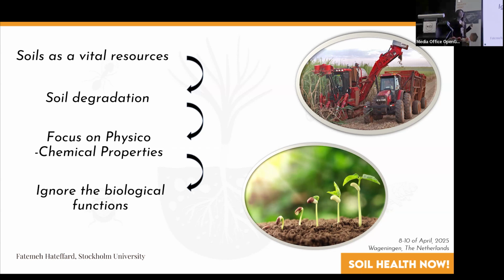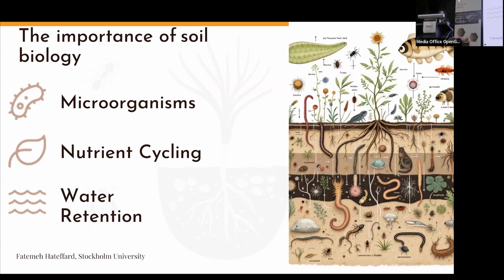To assess biological function, we also need a set of indicators to define soil health indicators. We all know the importance of soil biology, but there are really few studies assessing it. We know the importance of soil biology in microorganisms, nutrient cycling, water retention, and many other properties.